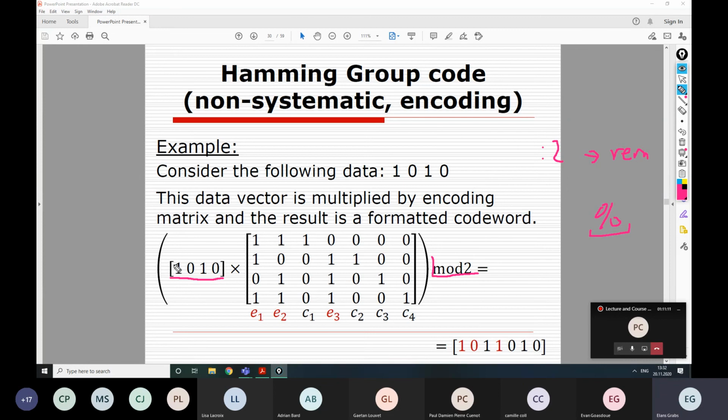So if we multiply our data block with this matrix, as a result, we would get an already formatted and complete code word, which is very convenient and nice. And also, we can this way calculate many code words at the same go.